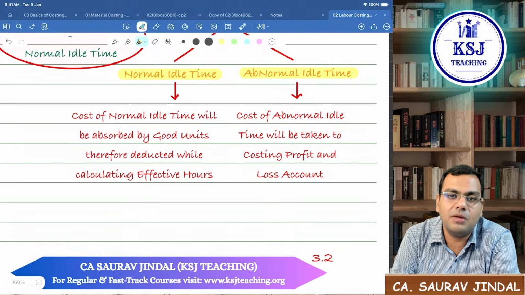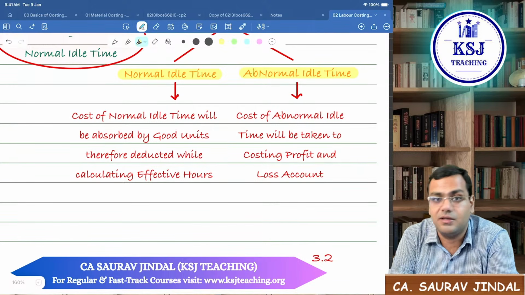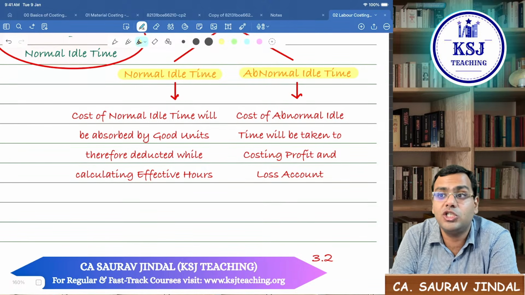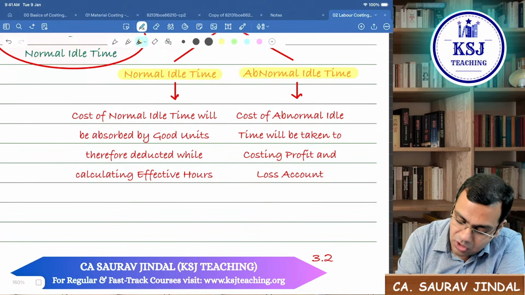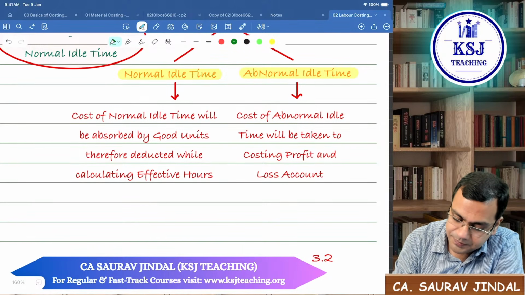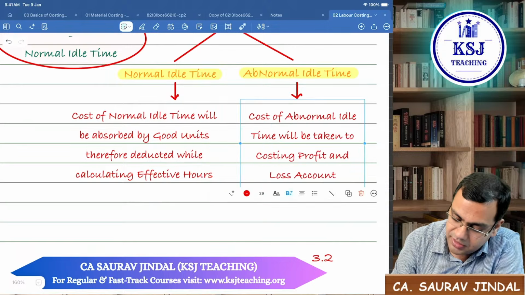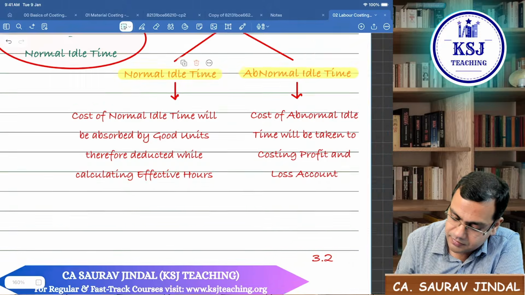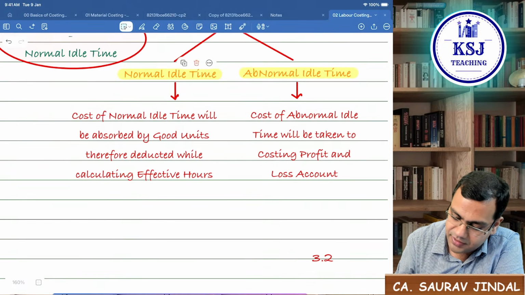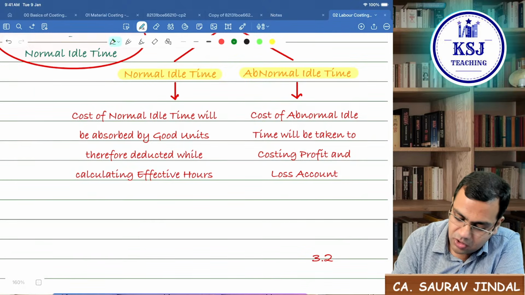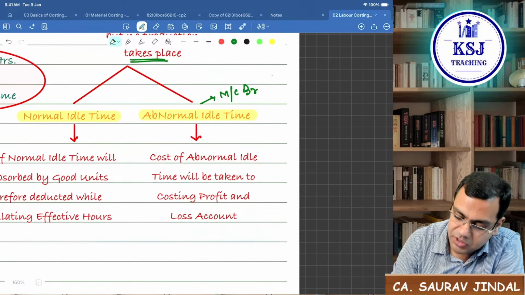Now, what is abnormal idle time? Abnormal idle time is something which is not anticipated but happened. For example, machine breakdown. Now, were you anticipating that the machine will break down?